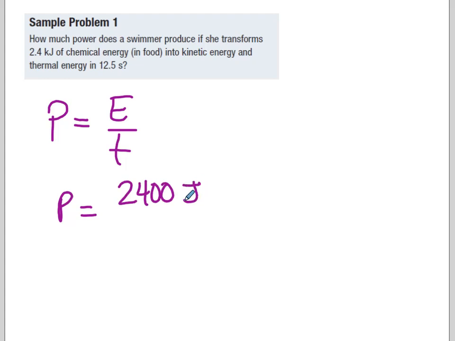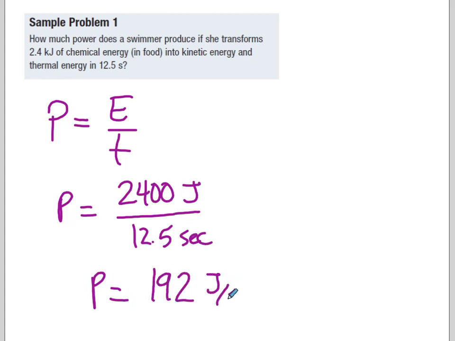Notice I wanted to change that prefix from kilo and get it out of there because watts is measured in joules per second. Over 12.5 seconds. And if we divide those two, 2,400 divided by 12.5, I get 192 joules per second or watts.